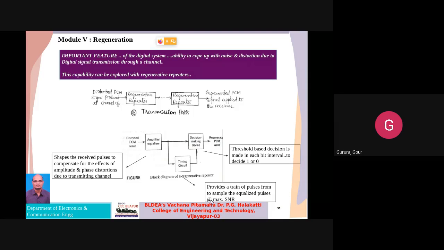So why are we choosing only those instances where we have maximum SNR? It is in accordance with the noise or distortion which will be added all the way through whatever transmission channel they have traversed. Okay.